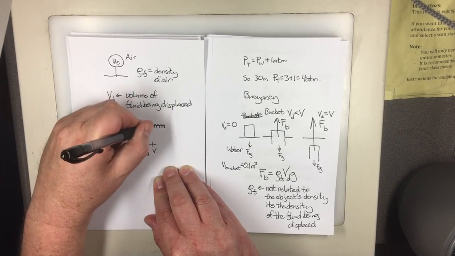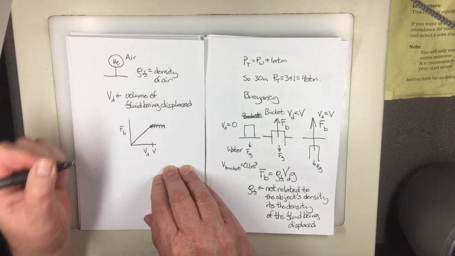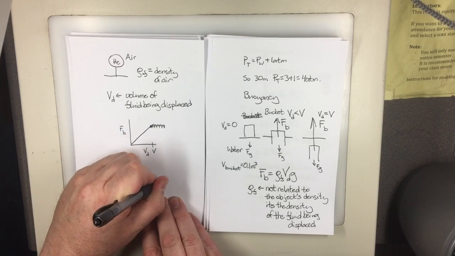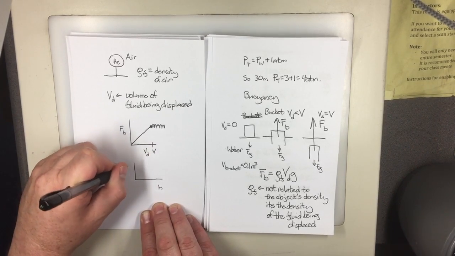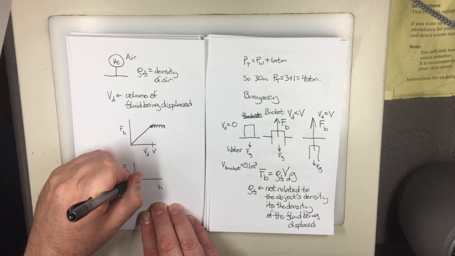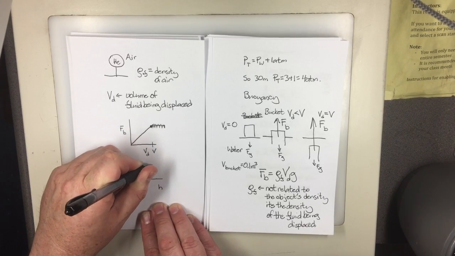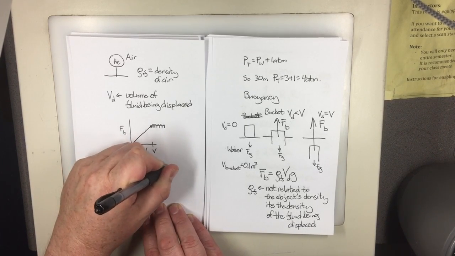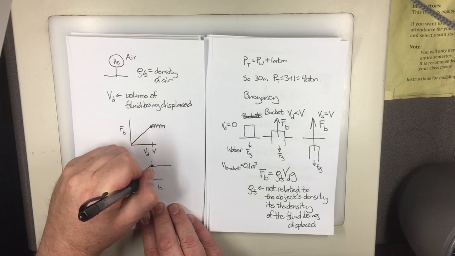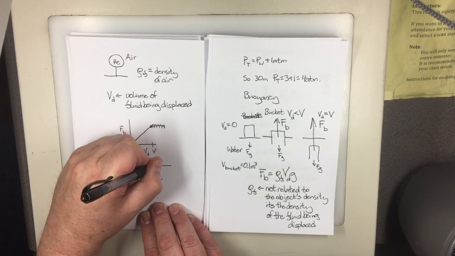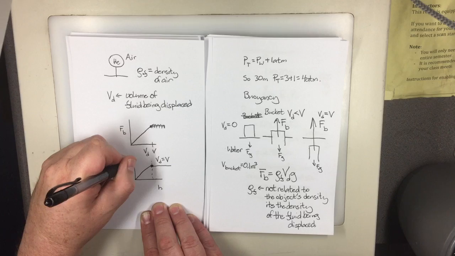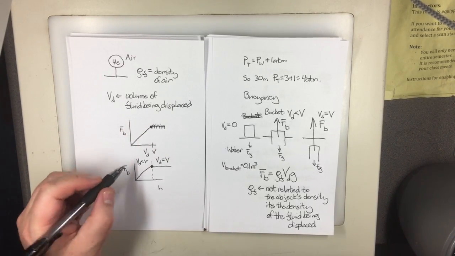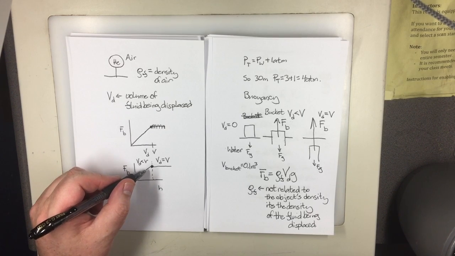So it just goes up, up, up, and then it stops because V is the biggest value that you can get. Over here to the left, the volume of displacement is less than the total volume.